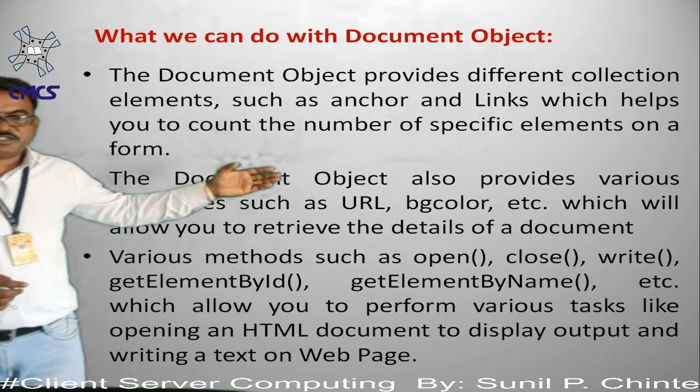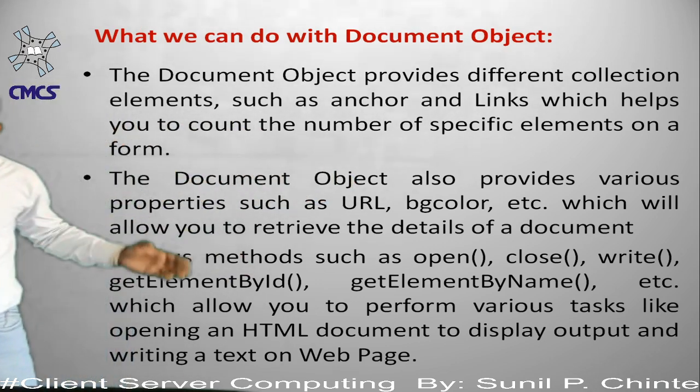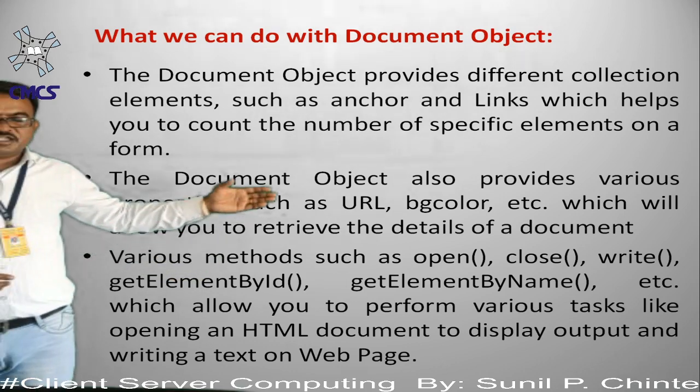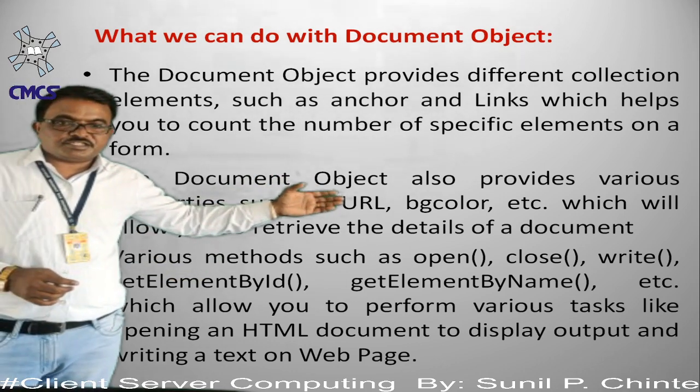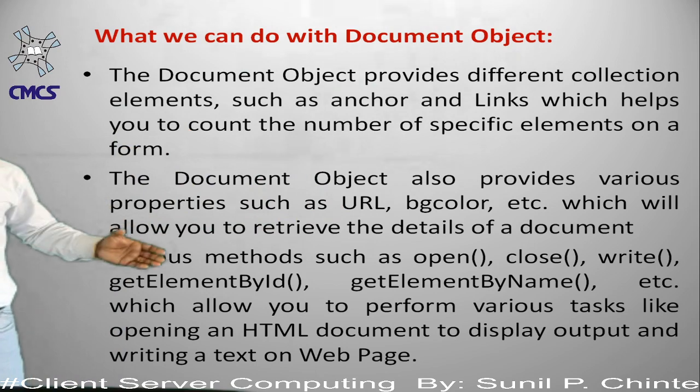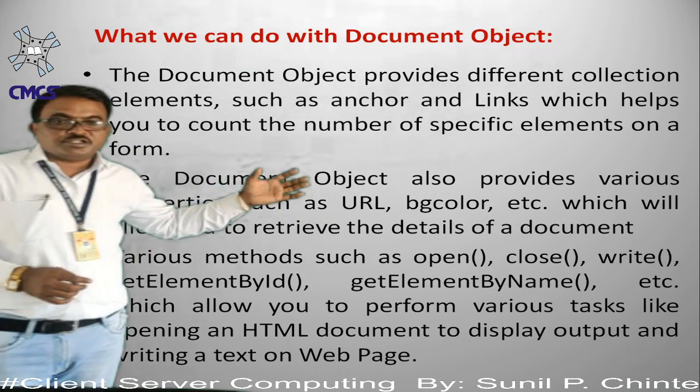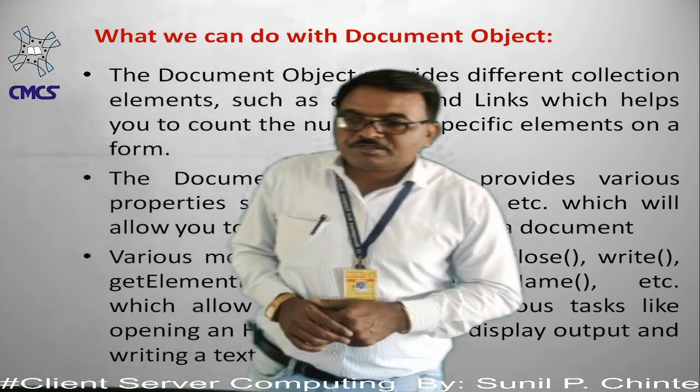The document object also provides various properties such as URL, bgColor, etc., which will show you how to retrieve the details about the document.